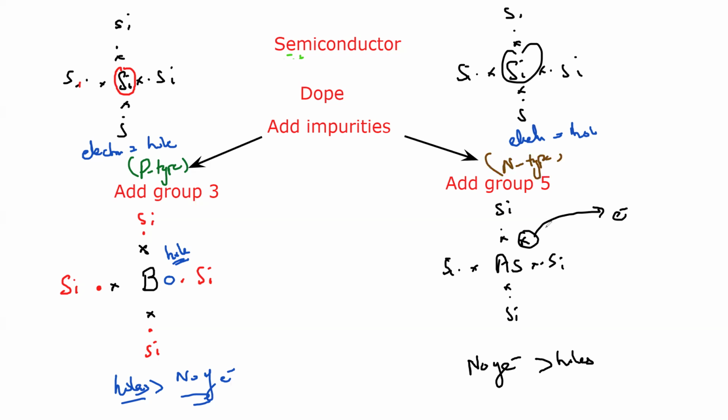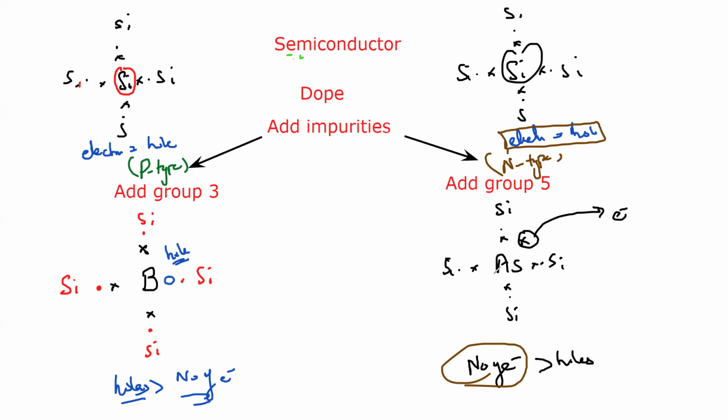N-type means negative type semiconductor, because the majority of carriers are electrons. There are holes as well. From where do we get the holes? Because already in the semiconductor, electrons and holes are there.